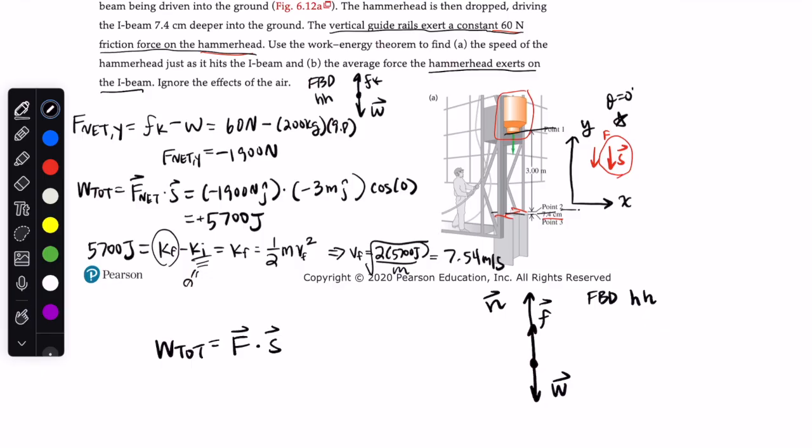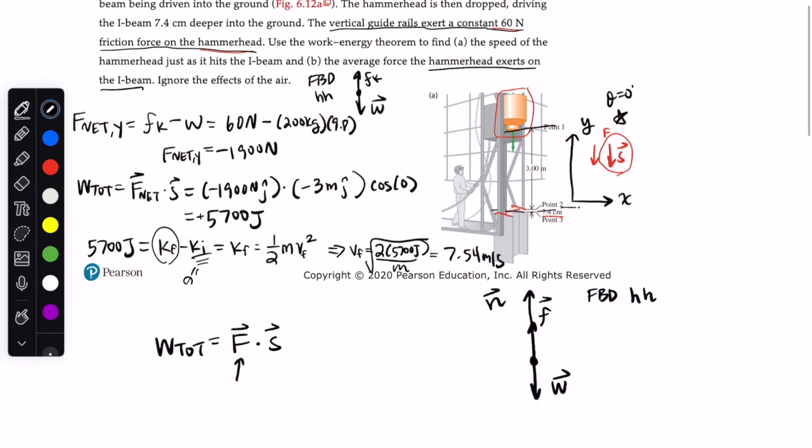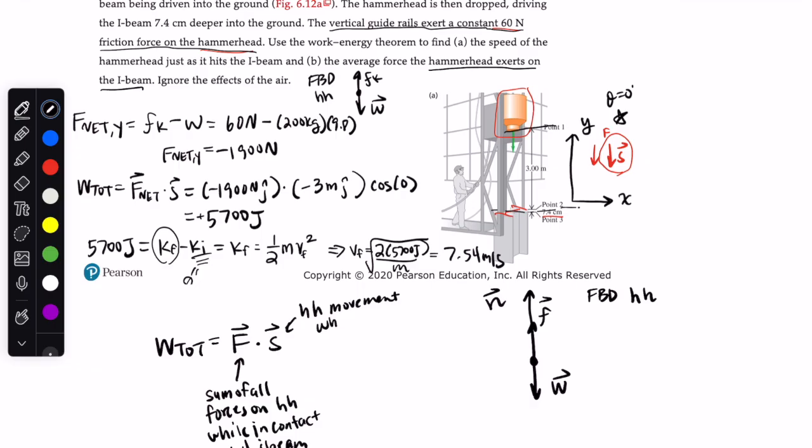It's moving 7.4 centimeters, driving that I-beam down into the ground. So this will be the sum of all the forces on the hammerhead while in contact with the I-beam, and this is going to be the hammerhead's movement while in contact with the I-beam.